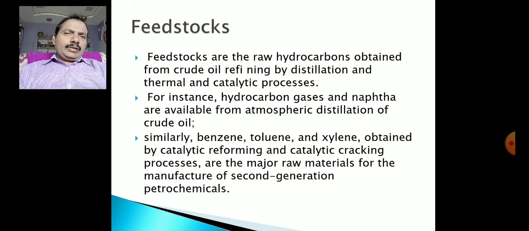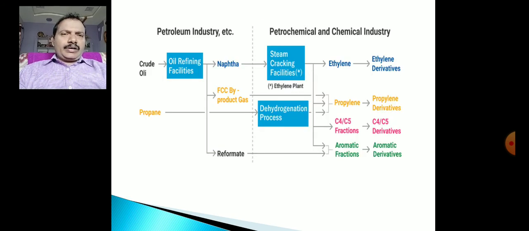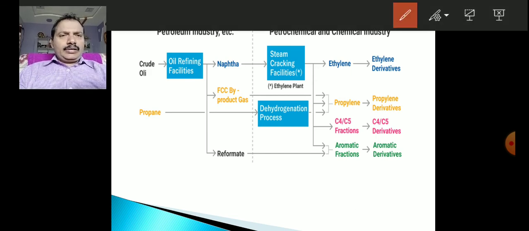And now let us consider the feedstocks. Here, this is the actual layout we have seen in the second diagram. We have seen this oil refining facility, the petroleum industry.